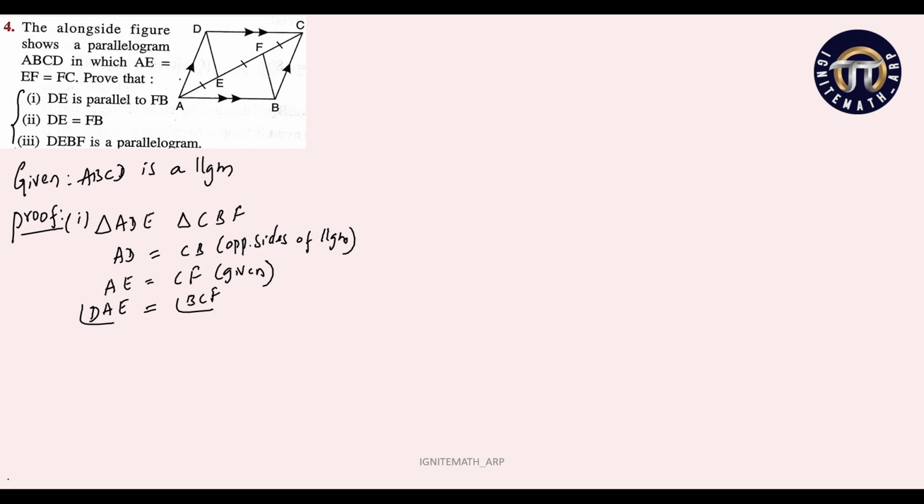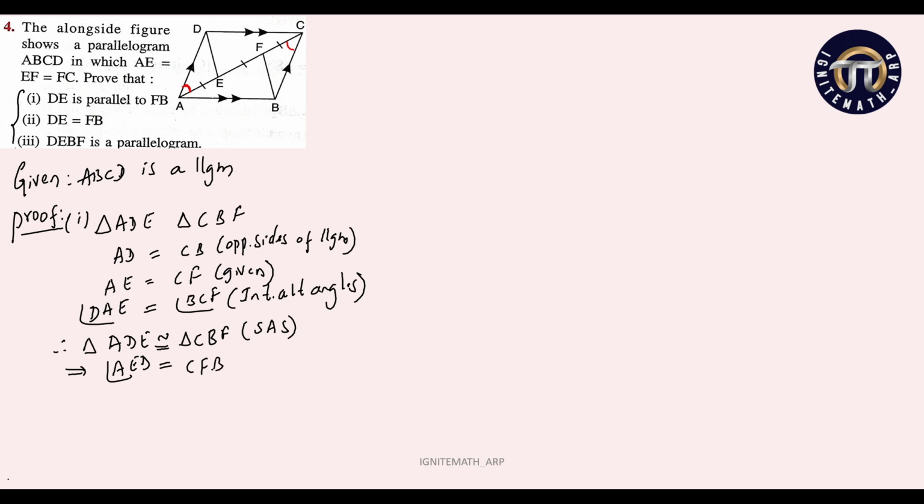Now pay attention, children. DAE is this angle, BCF is this angle. Can you tell me why they are equal to each other? Yes, you are right. They are interior alternate angles. Therefore I can say triangle ADE is congruent to triangle CBF by side angle side congruency. That implies angle AED is equal to angle CFB by CPCTC.